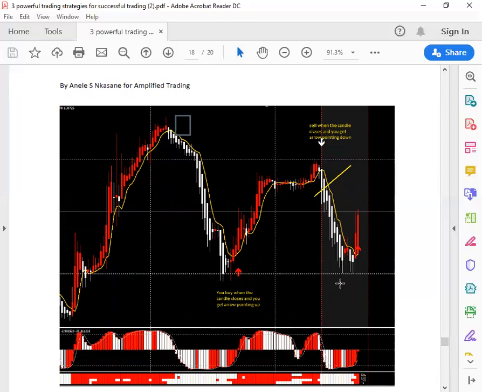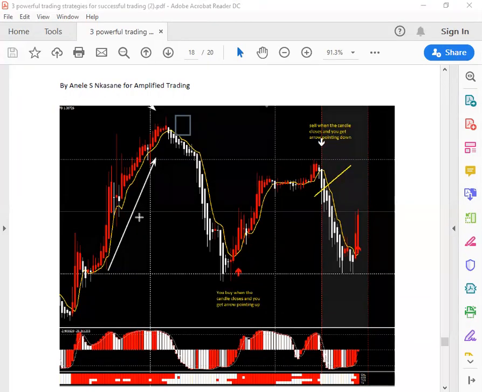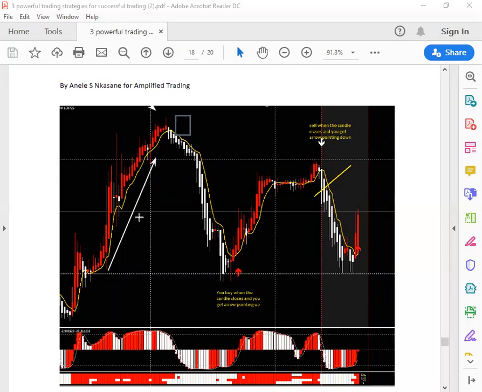I think my arrow is better. So you can see price has been moving upwards prior to this drop, but it generally gives us an idea of where the market is going, where the momentum is going. That is what the Heiken Ashi candles do.